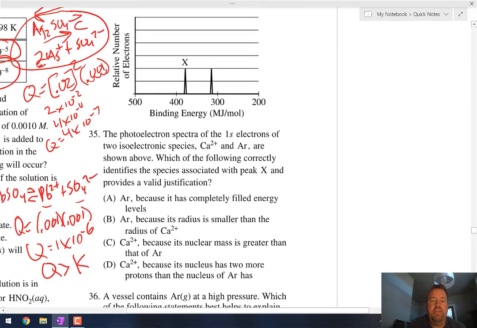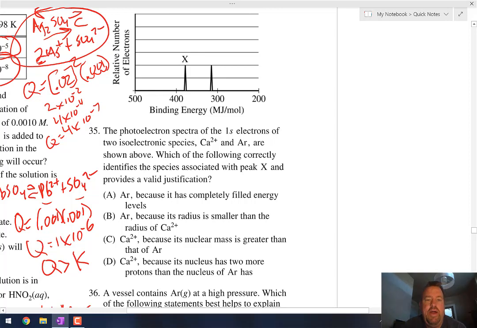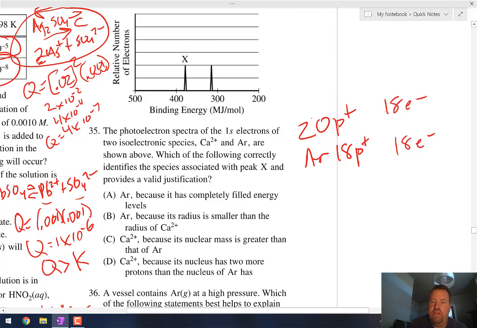Okay, question number 35. The 1s electrons of calcium 2+ and argon are shown above. So calcium, remember, look at the periodic table, has 20 protons. Argon only has 18 protons. But calcium with that plus 2 charge does have 18 electrons and 18 electrons. So clearly the attraction in calcium 2+ is going to be greater because it's got more protons than argon does.